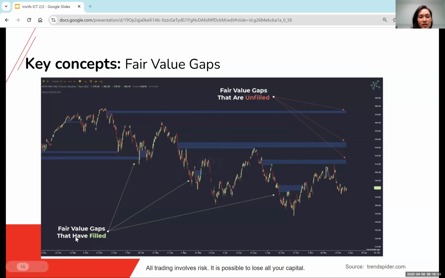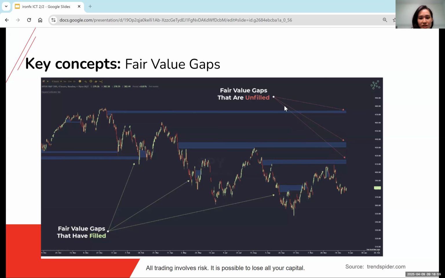You can see the fair value gaps that have been filled, where price retraced and filled up these gaps. So looking into the future, we are expecting price to retrace to these areas. You can also use them as entry zones for high probability trades, or you can use them as breakout confirmation.